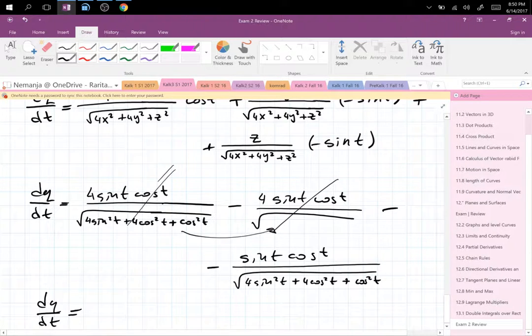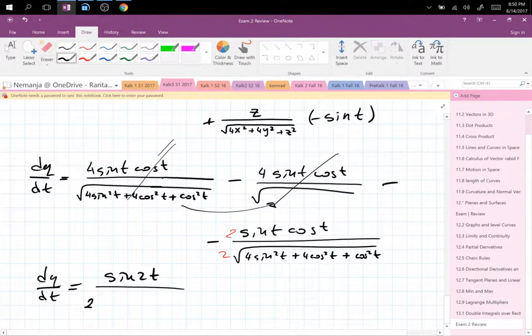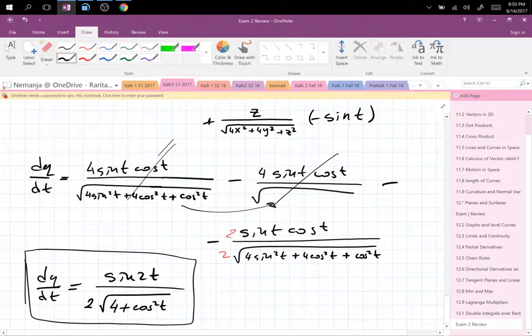So what I can do is put 2 and 2, so I can combine the top into sine 2t, and on the bottom I have a factor of 4 becomes 4 plus cosine squared t. And I would say that this is the simplified version, all in terms of t.